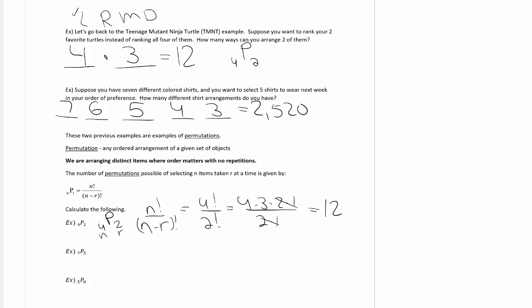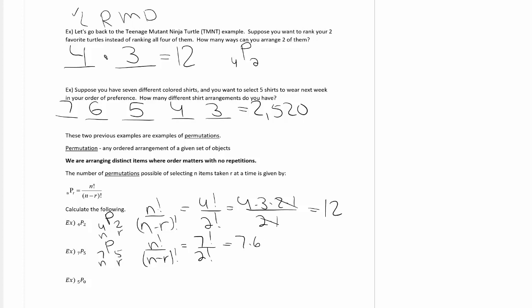Okay, a permutation of 7 things taken 5 at a time. So when I write, the 7 is the n, the 5 is the r. So writing this out, that's 7 factorial. 7 minus 5, that's 2 factorial. So I'm going to set this up a little different.